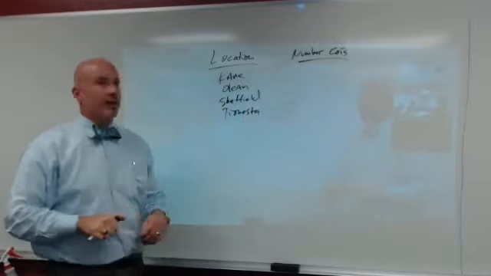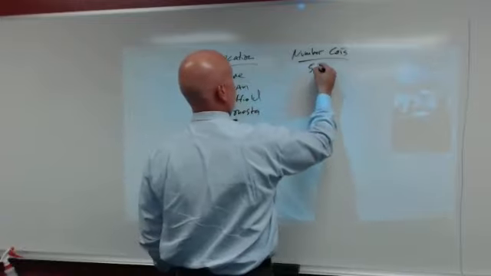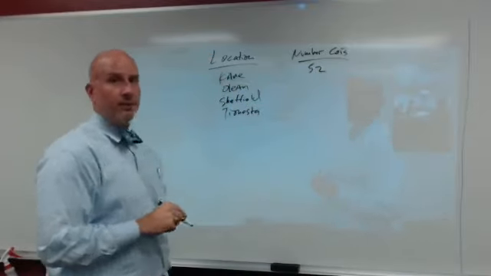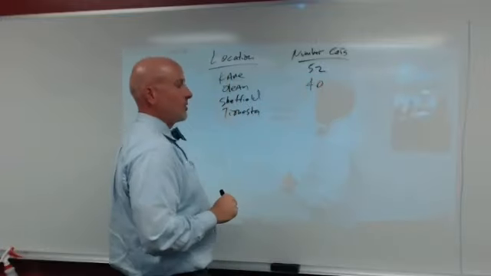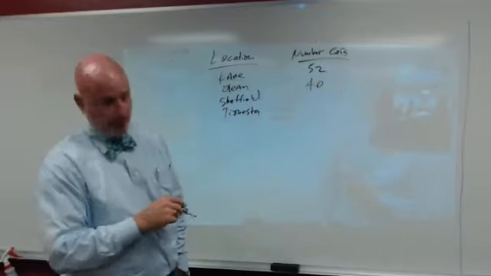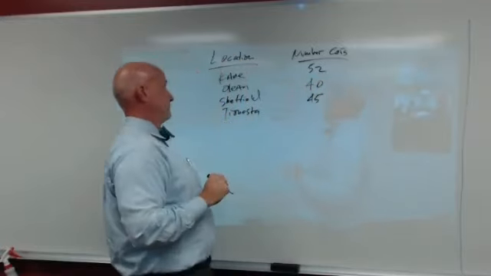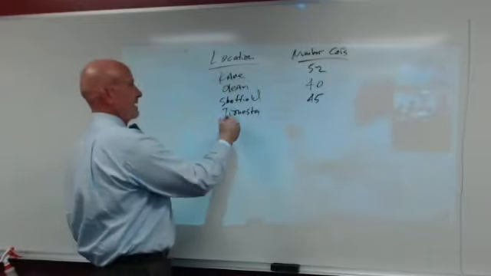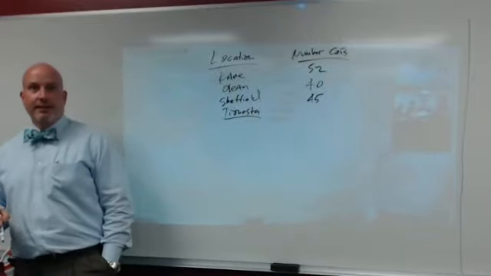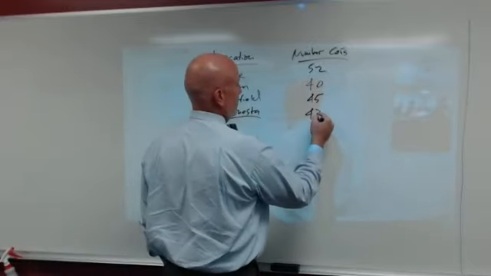How many cars did they sell in Kane? 52. How many did they sell in Olean? 40. How many in Sheffield? 45. And the last location is Tionesta. 43.